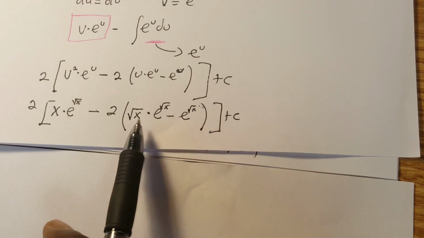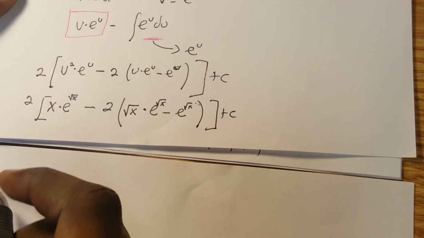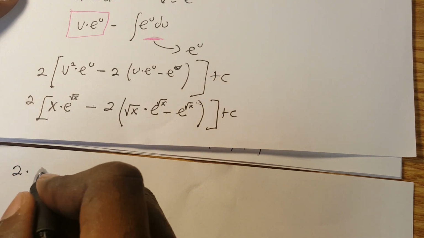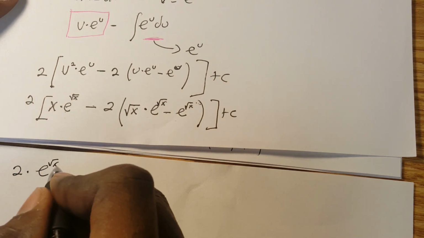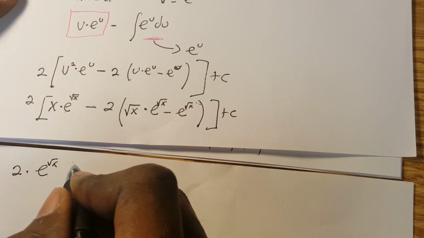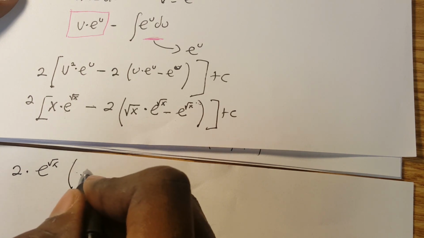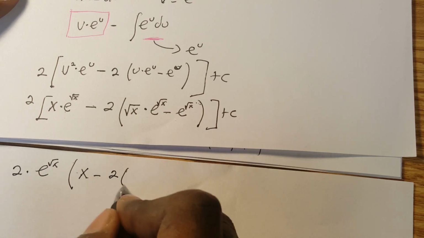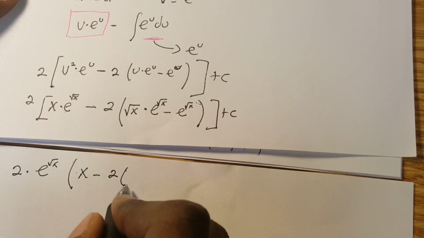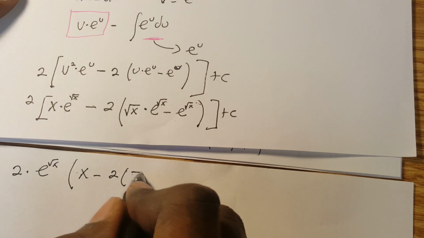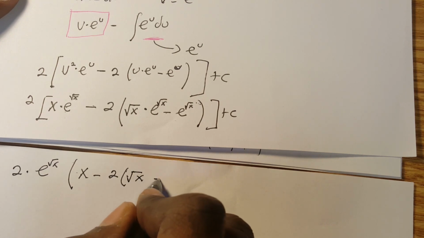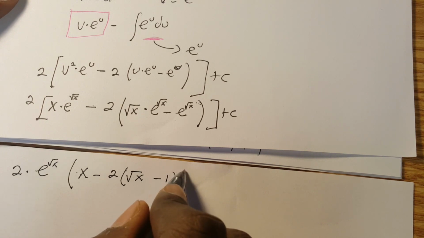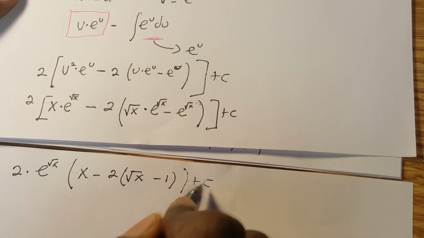So we can take it out and put it here as 2 multiplied by e to the root of x. Then we have a big bracket here, x minus 2 bracket root of x minus 1, plus c.